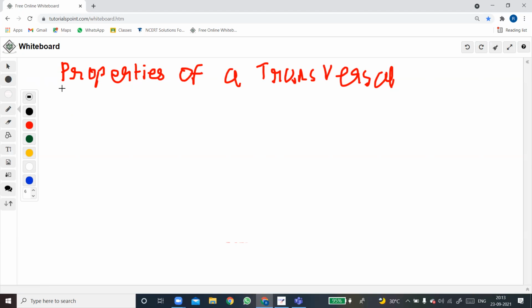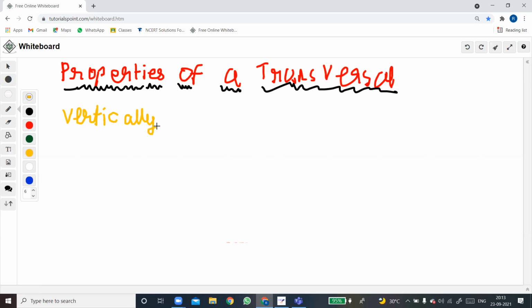The first property which we are going to see is vertically opposite angles. In this video, I'll explain 3 properties, and in the next video, I'll explain 3 more. So the first property is vertically opposite angles.